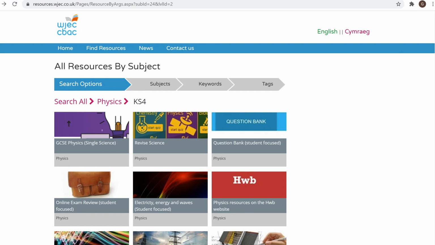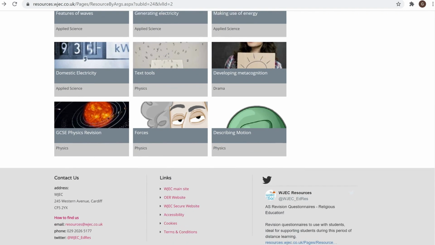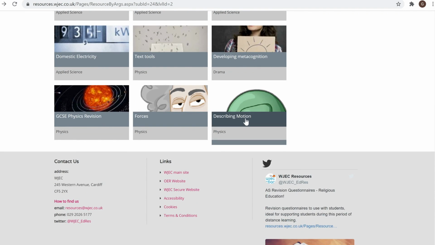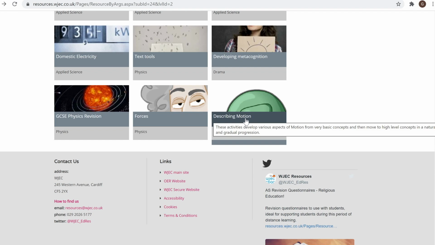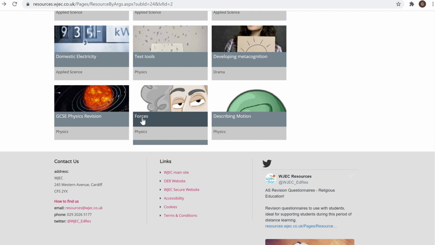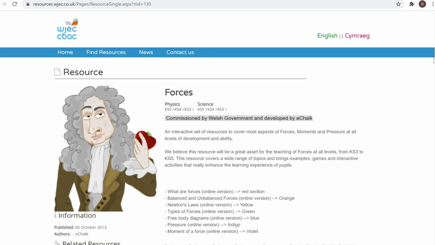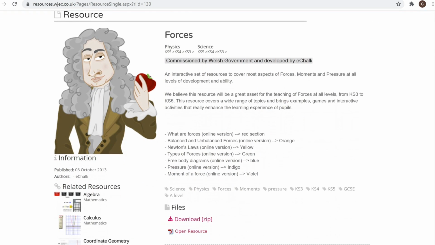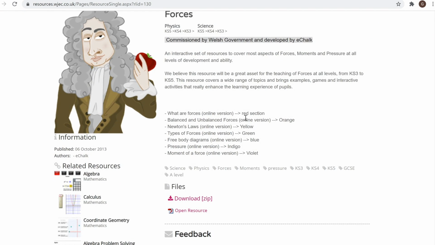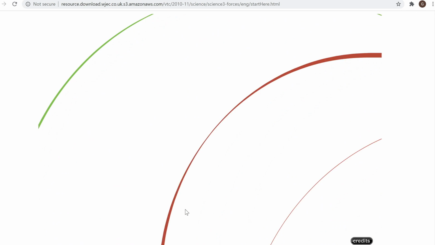The particular ones that we're going to look at today, describing motion, would have been a very useful resource to help your understanding with the previous topic on speed and acceleration. Today though, we're going to look at forces, in particular Newton's second law of motion, and you just open that resource there.